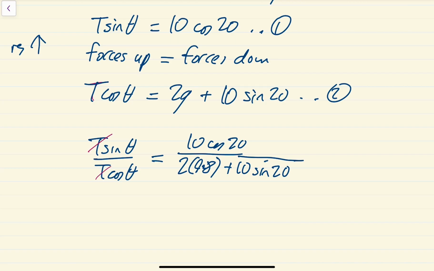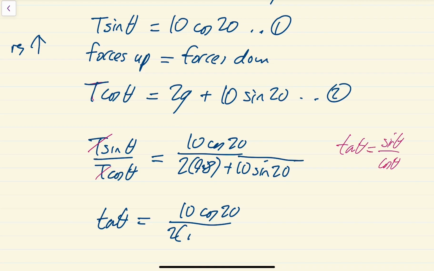T and the T will cancel, and you should know as well that tan theta, you get tan by doing sine theta divided by cos theta. So on the left hand side, that's going to be just tan of theta is still equal to that exact value on the right hand side. So 2 times the 9.8 plus 10 times your sine of 20.